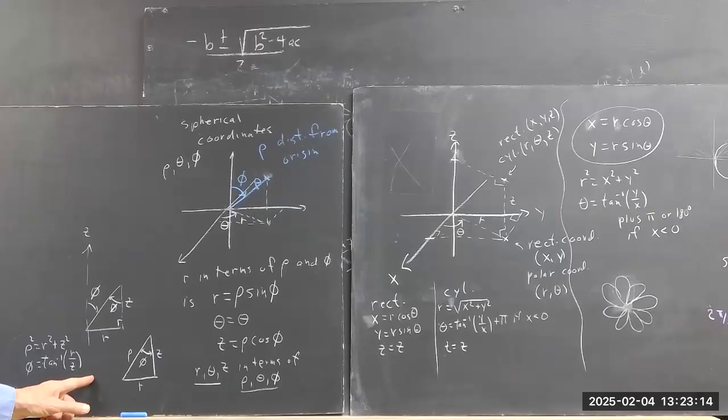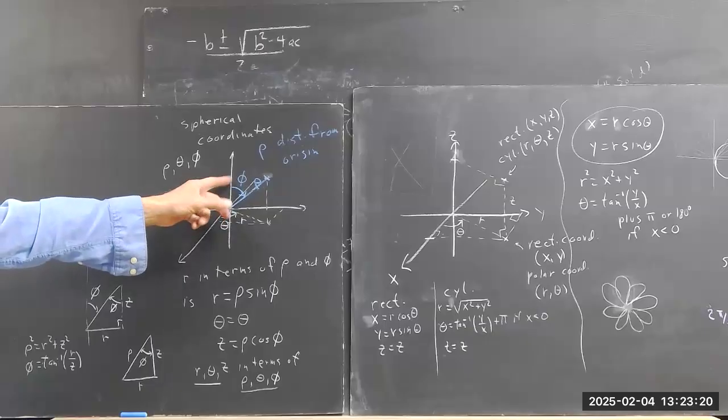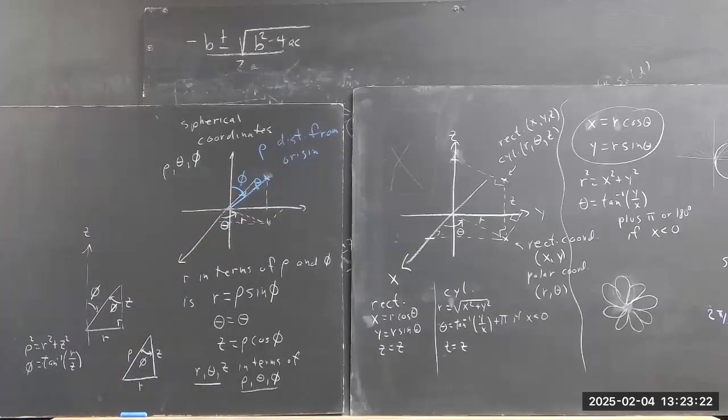Something doesn't seem right about it, but phi is between 0 and pi, so you do have to worry about that 180 degrees. I'm just going to put etc. there. If Z is negative, you're going to have to add 180 degrees.